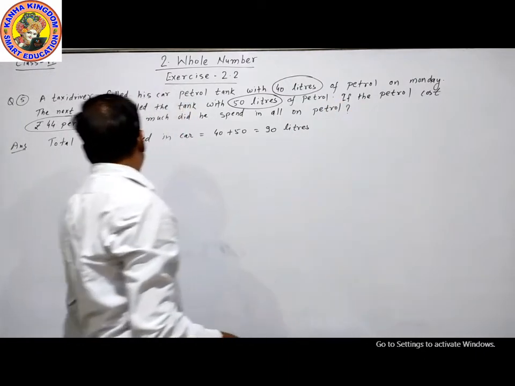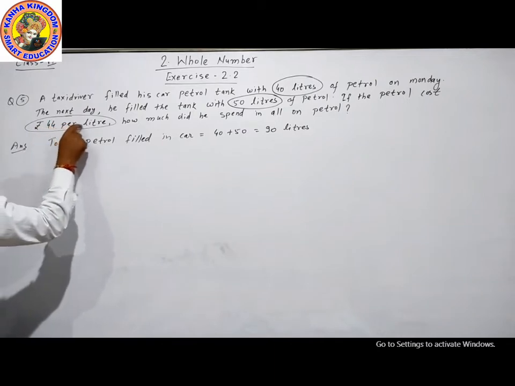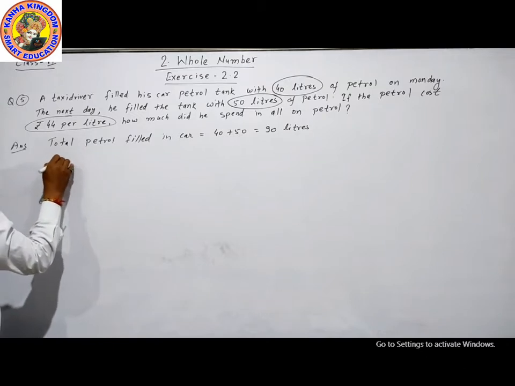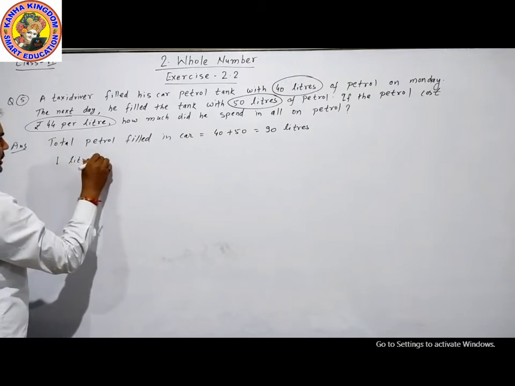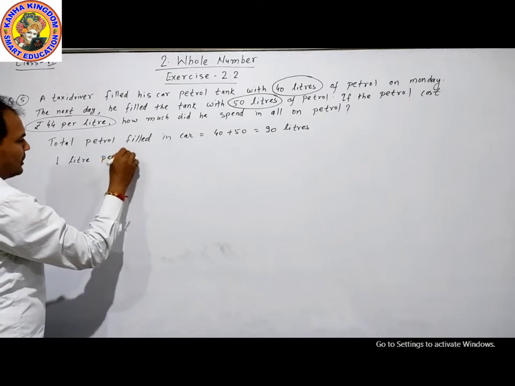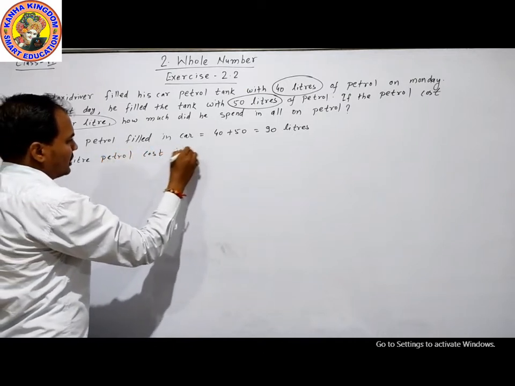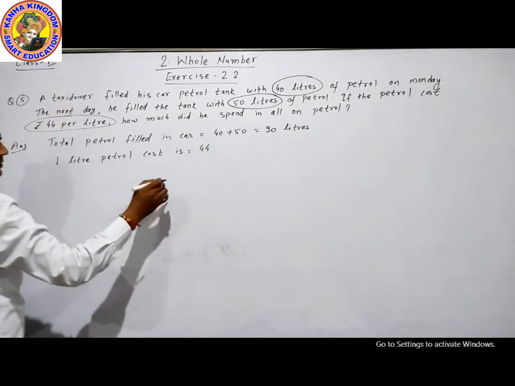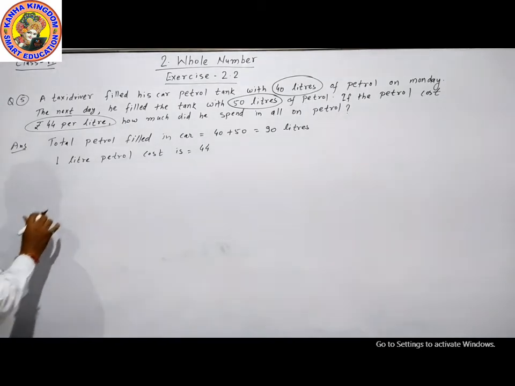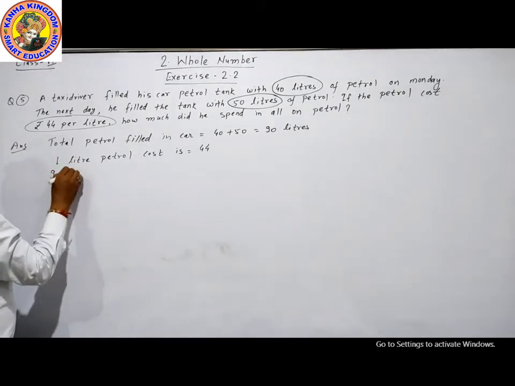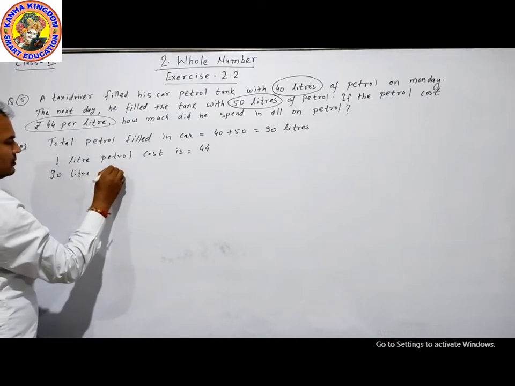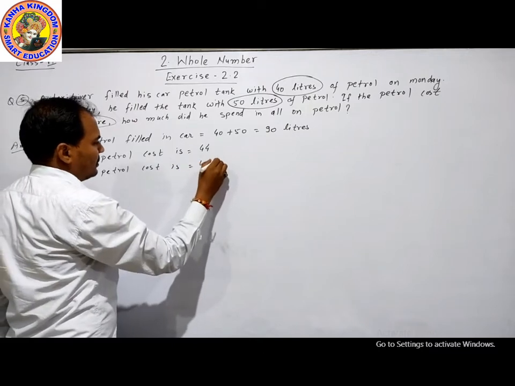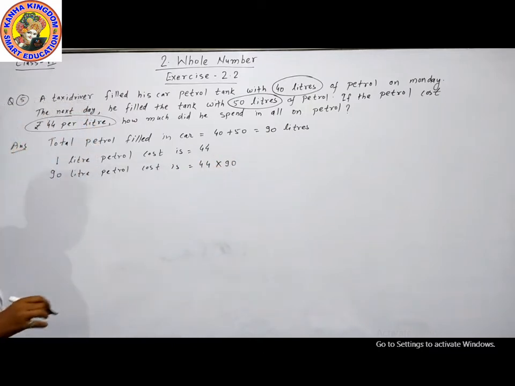If the petrol cost rupees 44 per liter, it means 1 liter petrol cost is 44 rupees. The total petrol filled is 90 liters. So 90 liters petrol cost is 44 into 90.